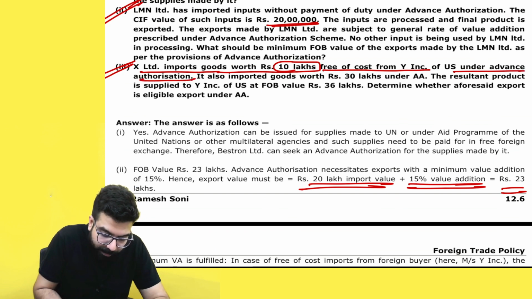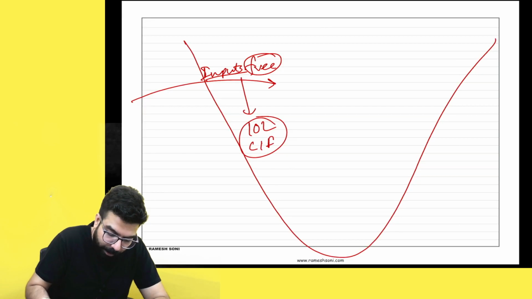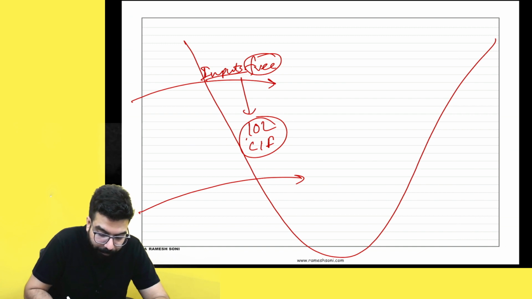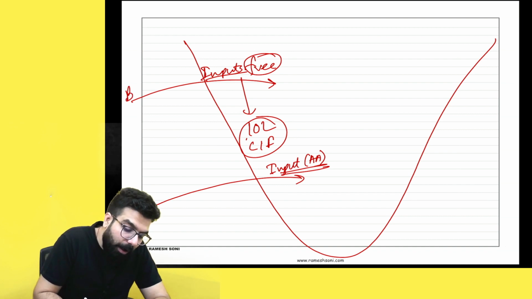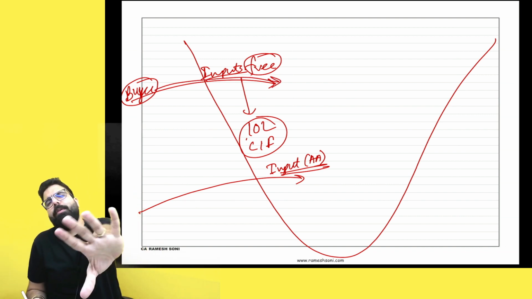Under the advance authorization, it imports raw material goods worth rupees 30 lakh. It got 10 lakh rupees free, and other than that, it also imported inputs under advance authorization without payment of any duty. This was given by the foreign buyer, basically for whom you are going to manufacture the goods in India. He told Ramesh, I am giving you inputs freely.